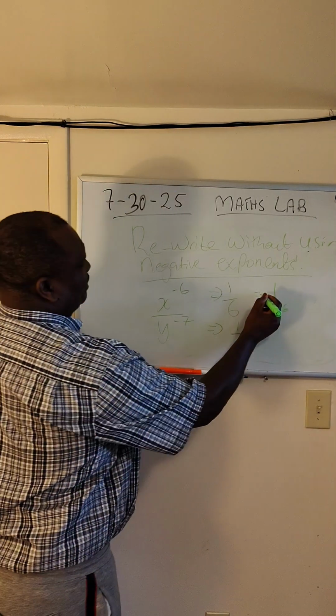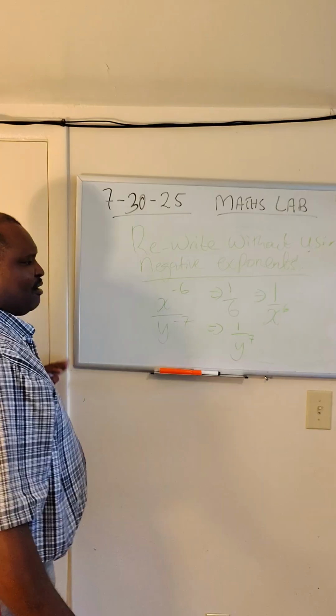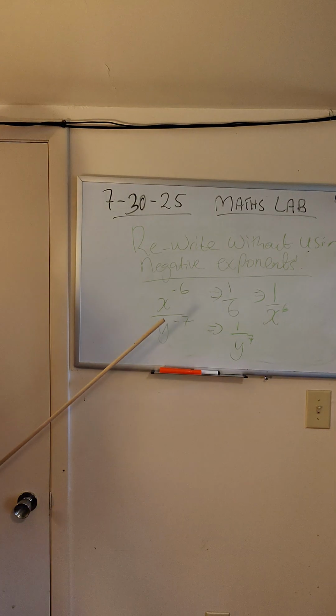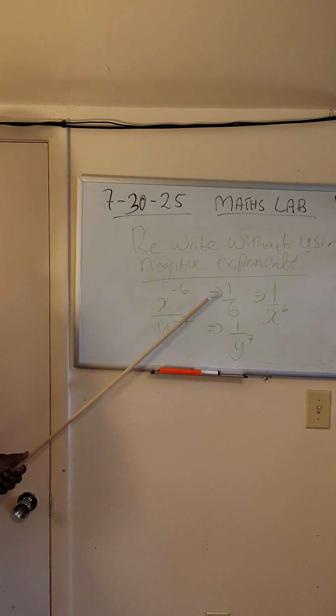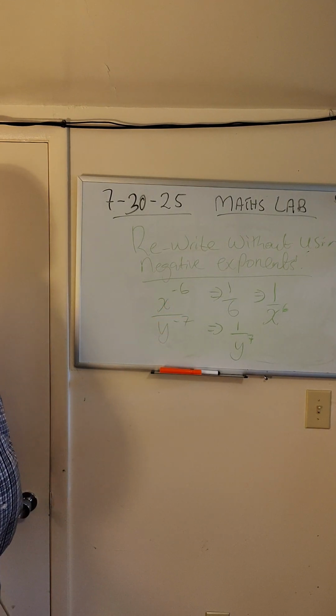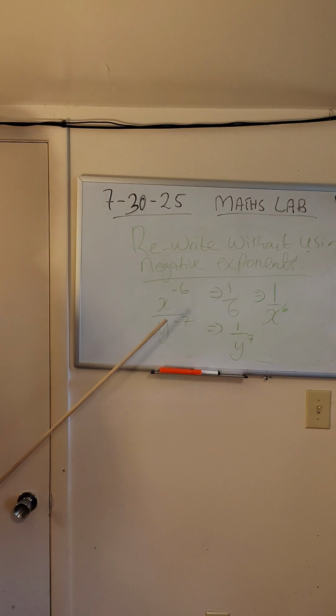So now for the numerator part of this expression, you first reciprocate it. The negative 6 gets reciprocated to 1 over 6, and then you take care of x.